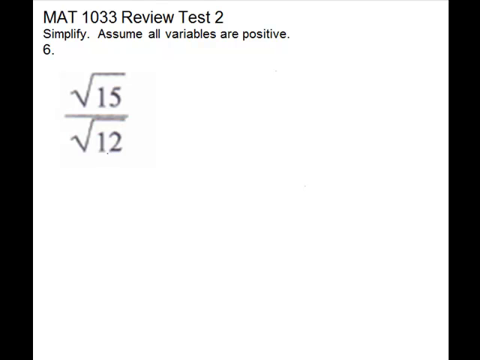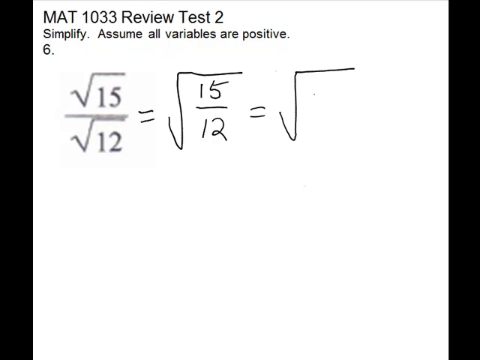12. So I'm going to put it back as one radical and reduce first. These have a common factor of 3, so I'm going to divide by 3. 3 into 15 will go 5, and 3 into 12 will go 4.